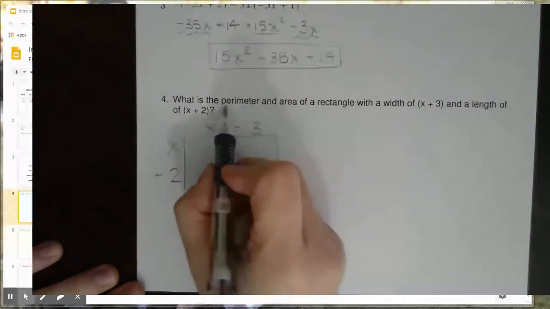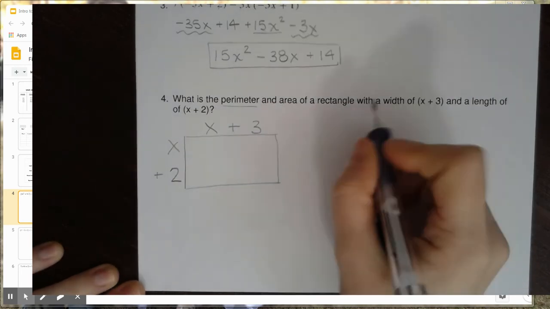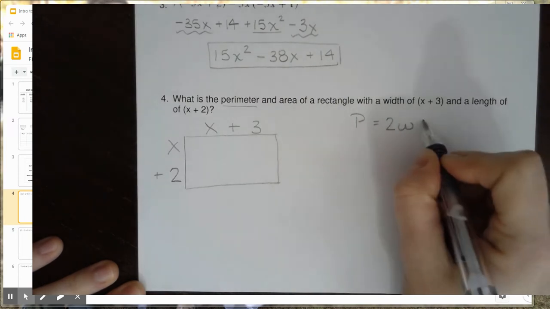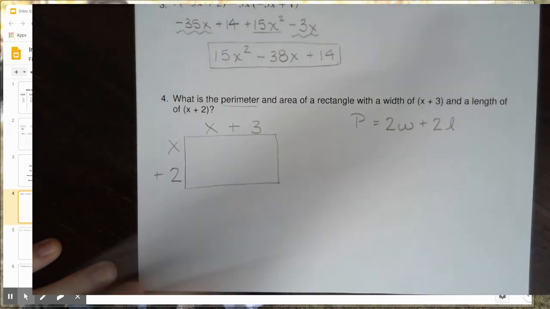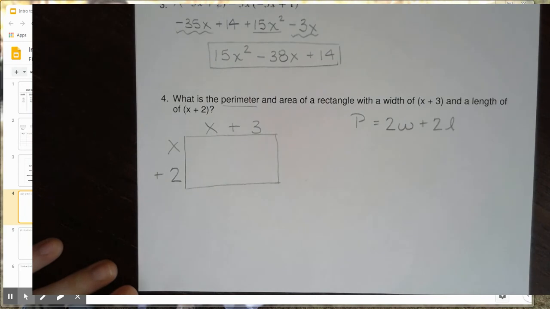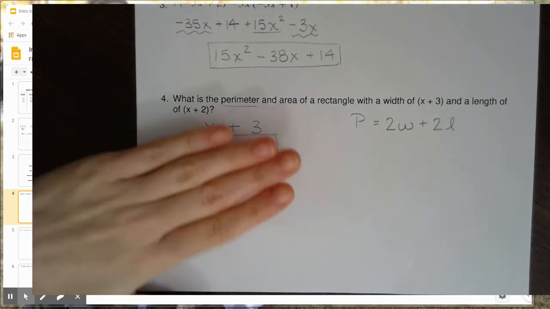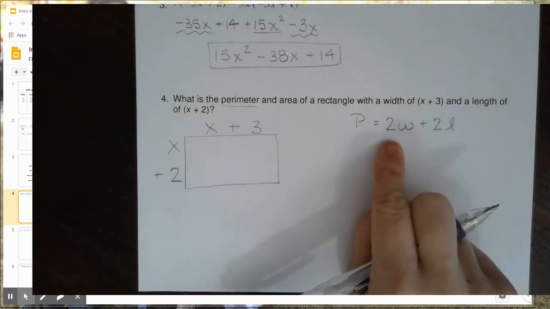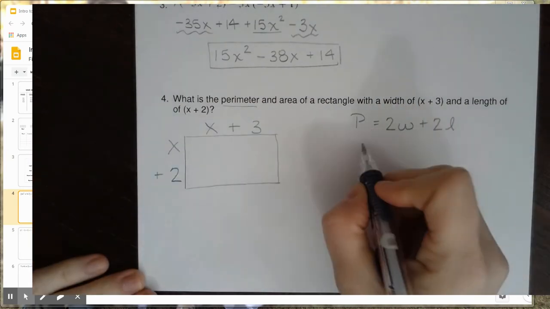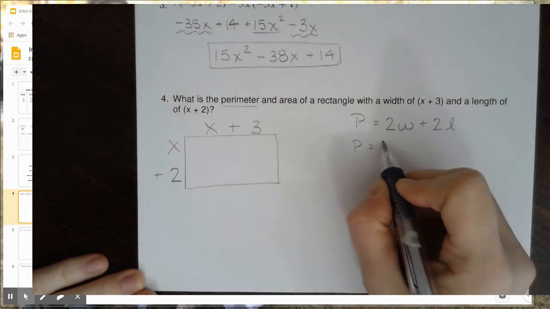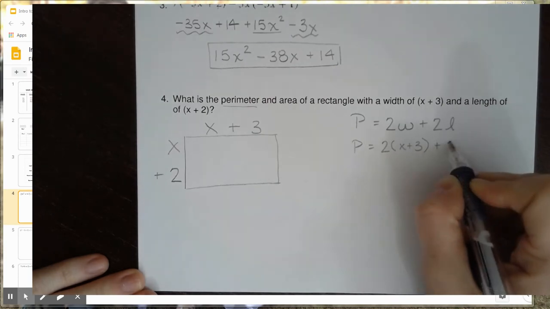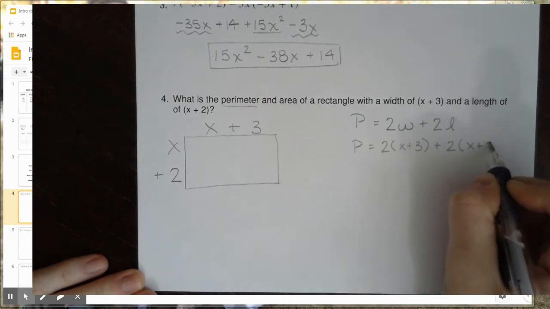But let's talk about perimeter. Anytime I do perimeter, it's 2 widths plus 2 lengths. So I can create an expression or an equation without even really thinking about the picture of the rectangle because I have this formula. So it's going to be 2 of the x plus 3s and 2 of the x plus 2s.